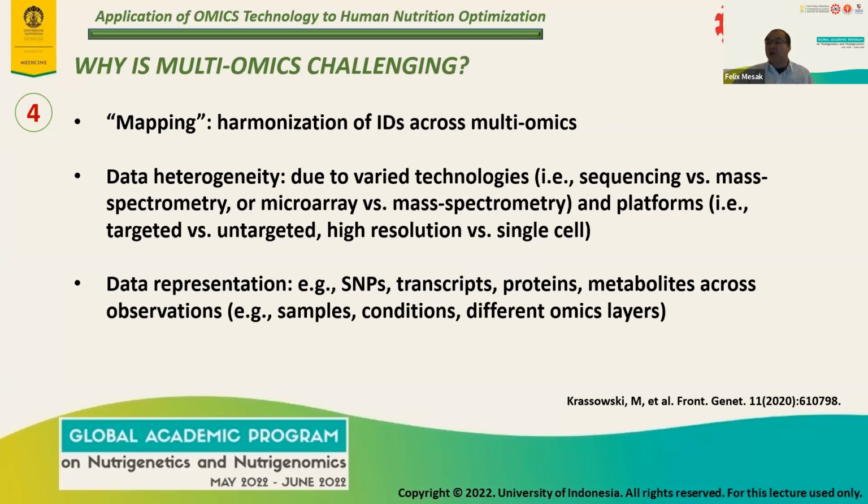Now, typically following pre-processing after data normalization, data representation is applied to identify outliers, technical sources of variation such as batch effects, and obvious biological patterns at each level of analysis, such as feature identification, extraction, and selection.